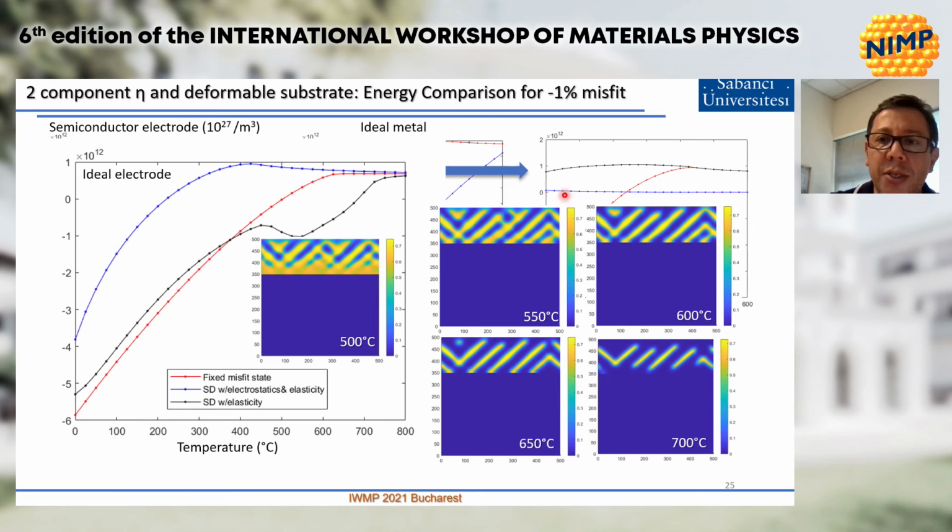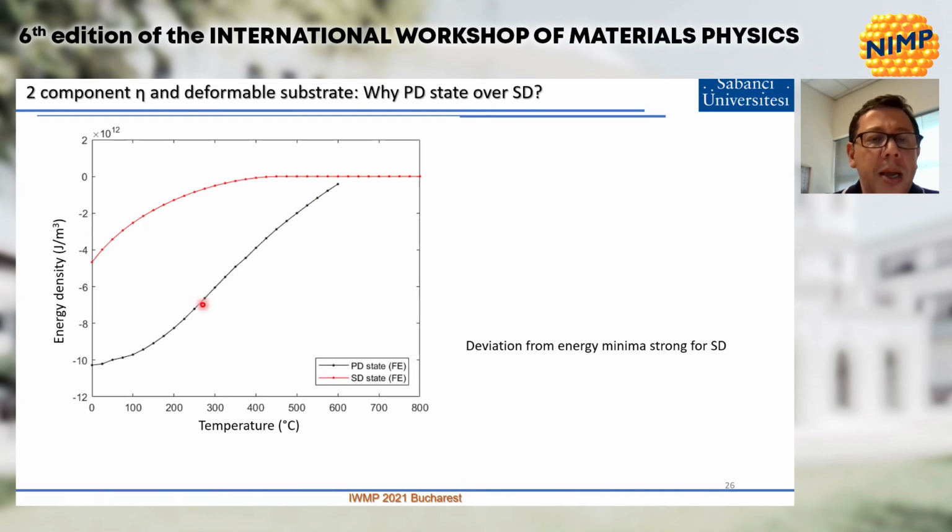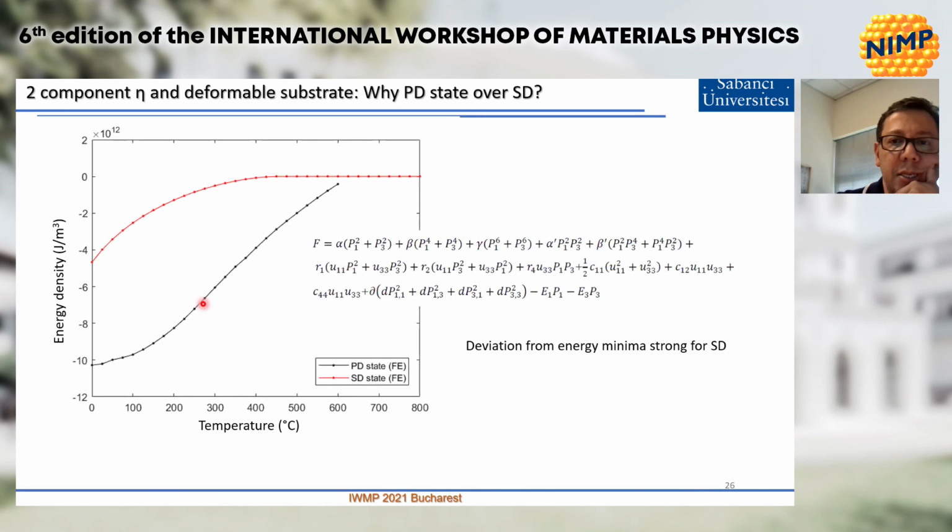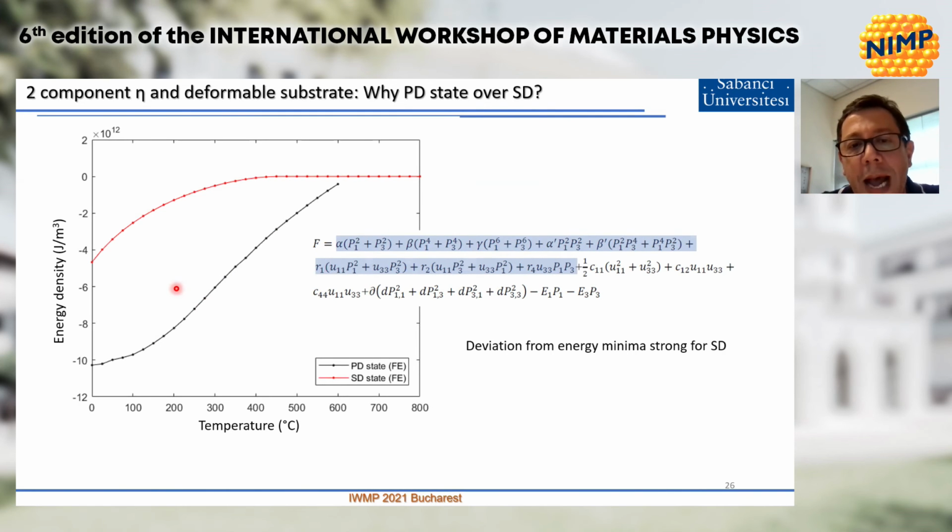Now, coming back to the electrostatic situation in the single domain. What we noticed is that as you try to minimize the electrostatic energy, you're deviating from your local polarization minima. So despite the fact that you minimize electrostatic energy, you're at a polarization value that's far away from the minima, which raises the energy of the system.